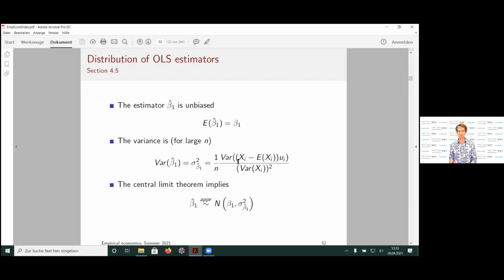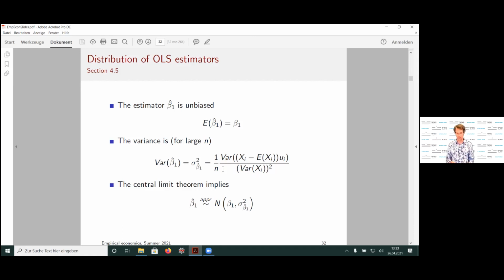And we have a number of components here. For instance, if n gets larger and larger, we can see that this term converges to 0, which is nice because it means that the precision of our estimator gets higher and higher. The variance gets smaller and smaller if the sample size increases, which means that if the sample size is infinitely large, our estimator has a variance of almost 0, which means we are very close to the true value.